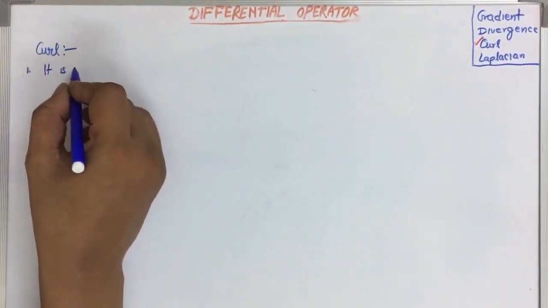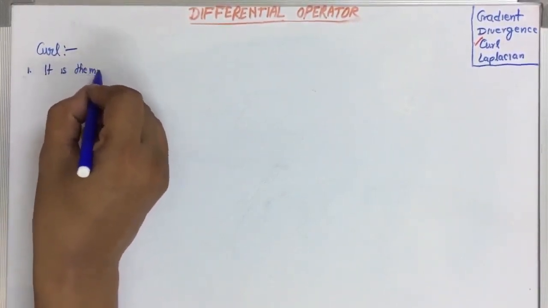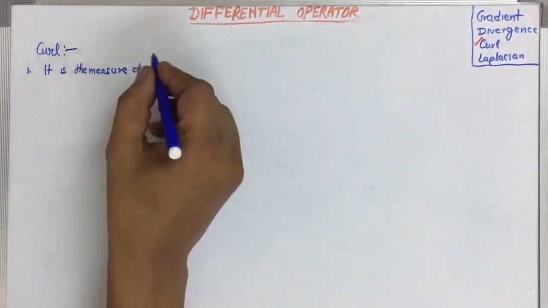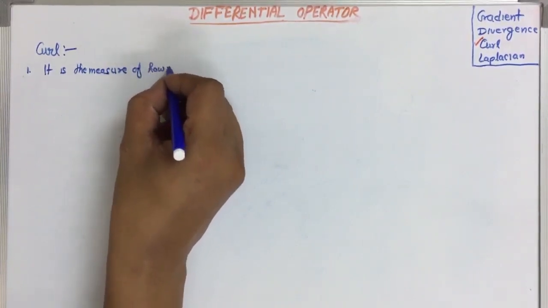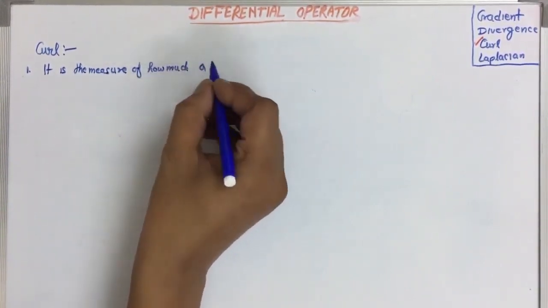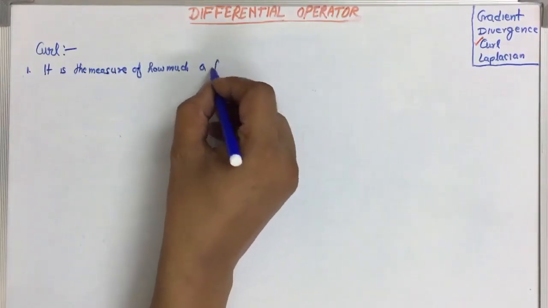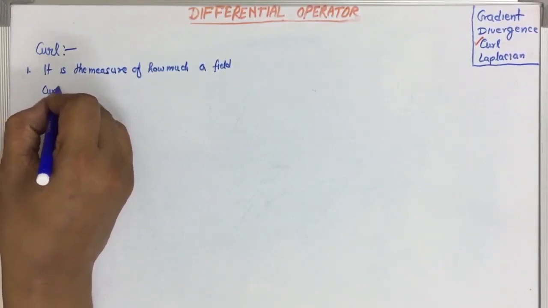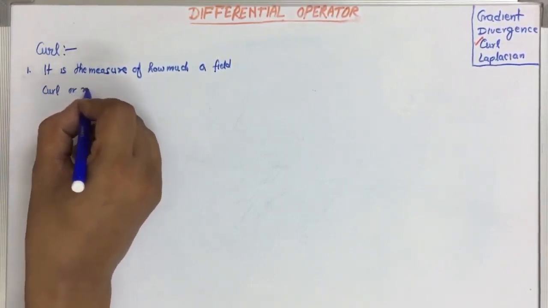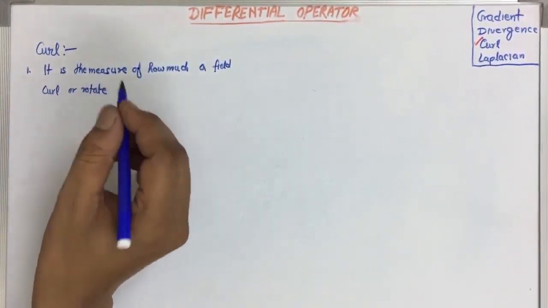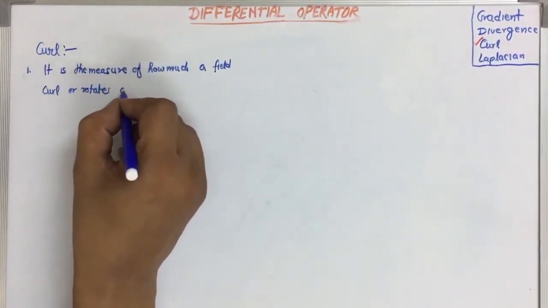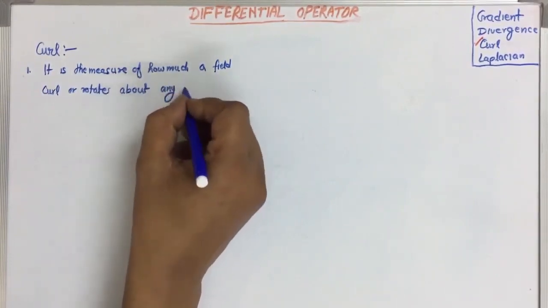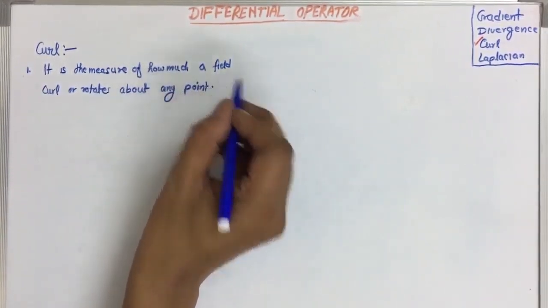It is the measure of how much a vector field curls or rotates about any point. Let us try to understand this.